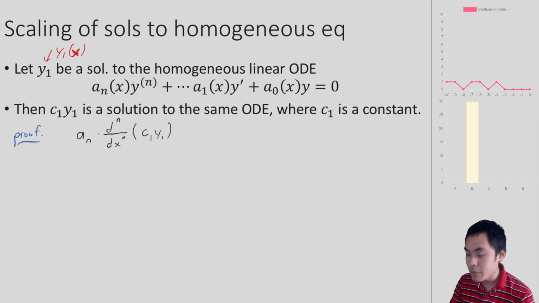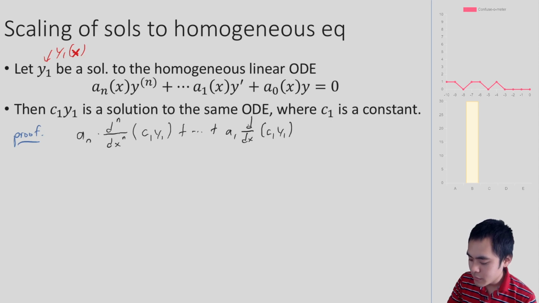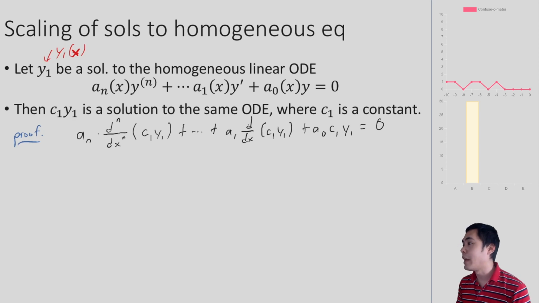So let's plug c1 y1 into this, plus a1 times the derivative of c1 y1 plus a naught c1 y1 is equal to 0, where these a_n's can be functions of x. It doesn't even matter.